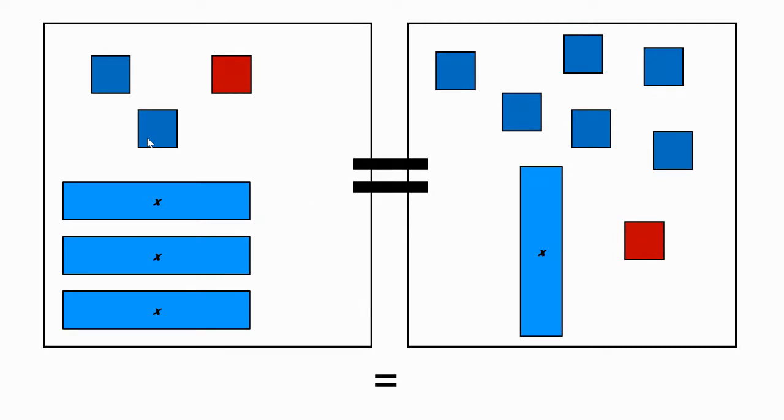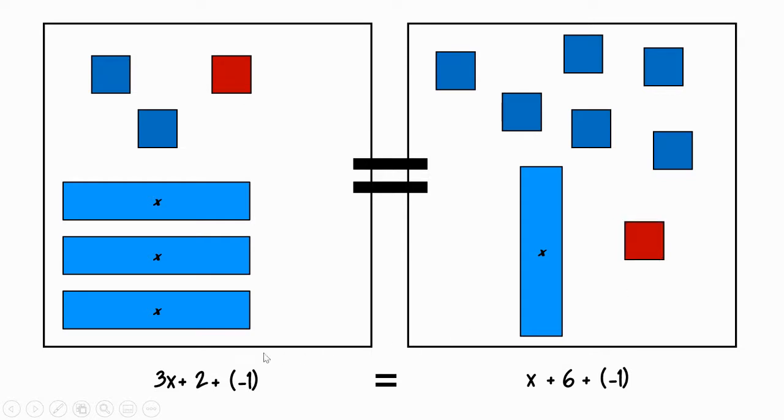Okay, so on the left side, I have 3 x tiles, or 3x, plus 2 positive unit tiles, plus 2, and 1 negative unit tile. So altogether, I have 3x plus 2 plus negative 1. On the right side, I have 1 x tile plus 6 positive unit squares plus 1 negative unit square.